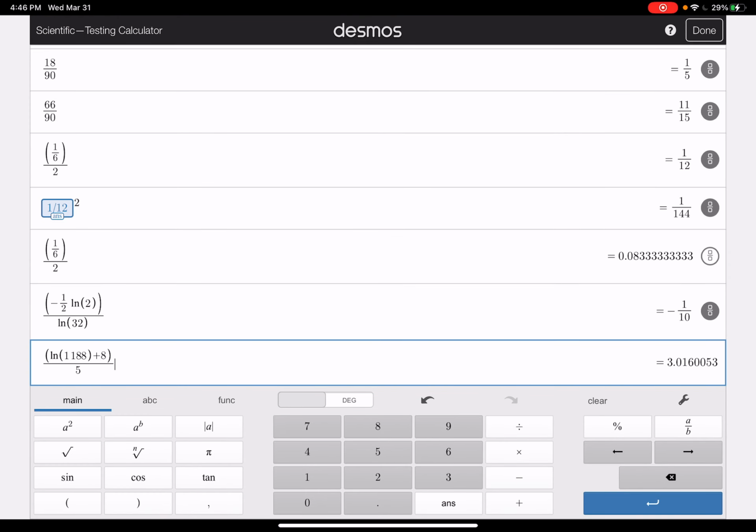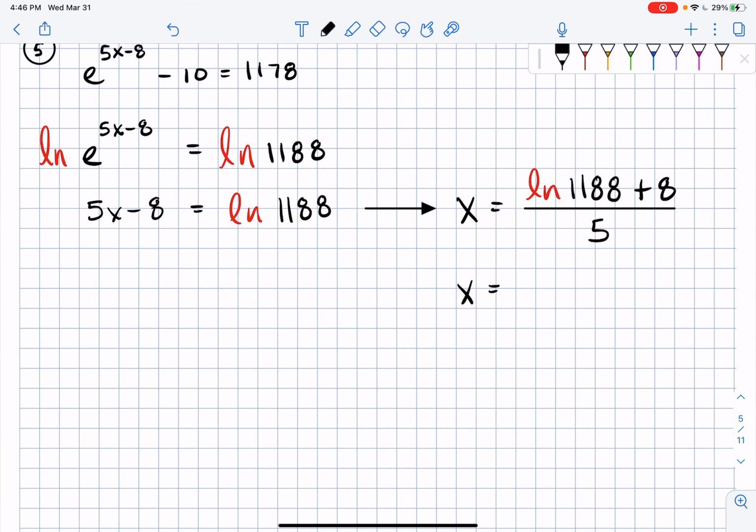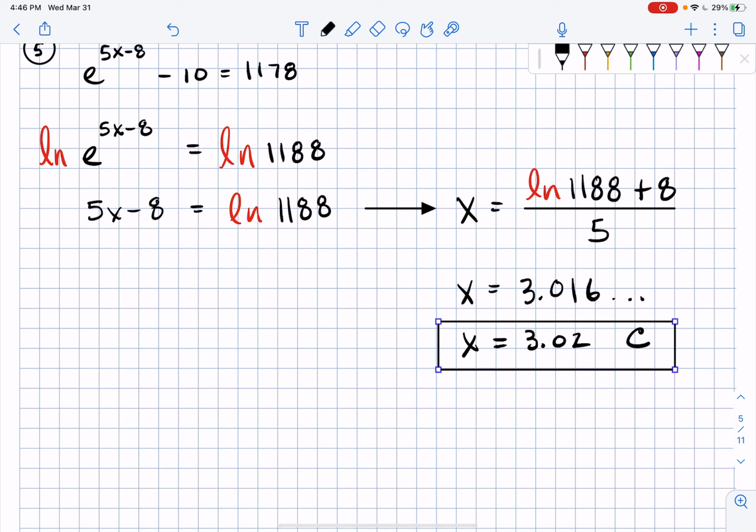So I should have 3.016 dot dot dot, so approximately 3.02, which is choice C. There we go.